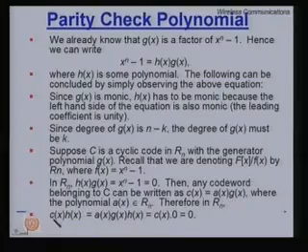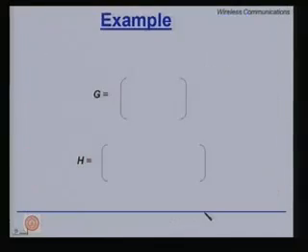So, that means if you multiply c of x with h of x, you end up with a 0. Just like the parity check matrix, when multiplied with the code word vector, you end up with a 0 vector. If you multiply the parity check polynomial with a valid code word polynomial, you end up with the 0 polynomial. Had there been an error, you will get a non-zero polynomial here, and that will form your error polynomial.